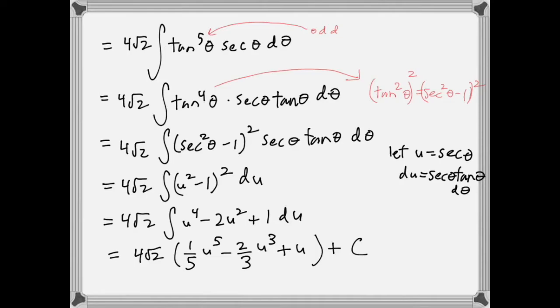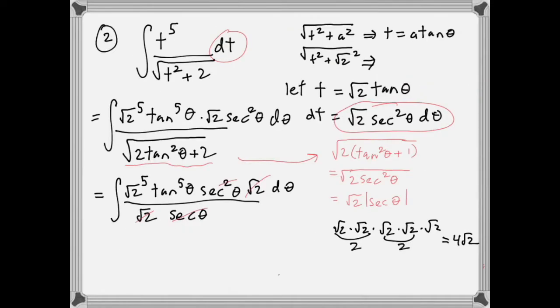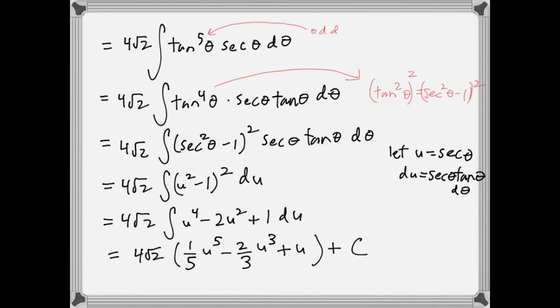And I don't want you to forget our transformation. We actually went from x Oh no, sorry, we started with a t, didn't we? Yes. So we went from t to theta to u. So now we need to go all the way back step by step. So this first guy going back is not that bad because u is equal to secant theta.